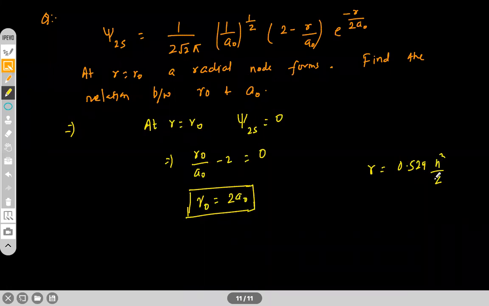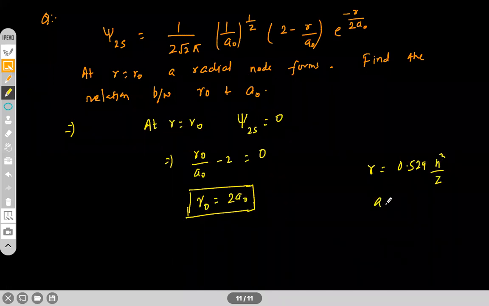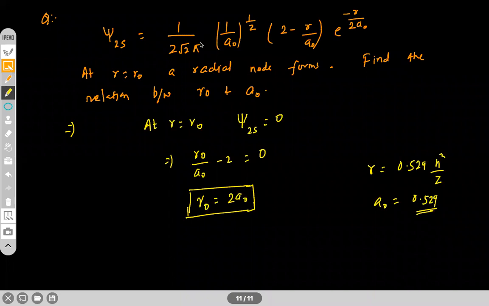So for n is equals to 1, z is equals to 1, a naught value is nothing but 0.529. So for the given value of this a naught, we can substitute this here and find out the radius at which the probability of finding an electron is 0. Right, the exact value also we can find out by substituting the value of a naught.